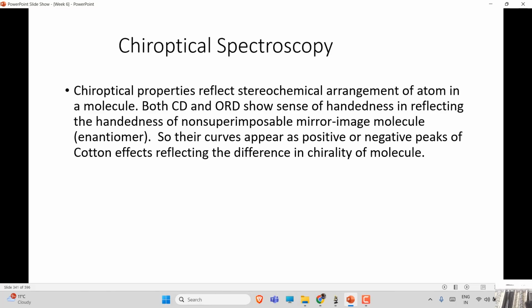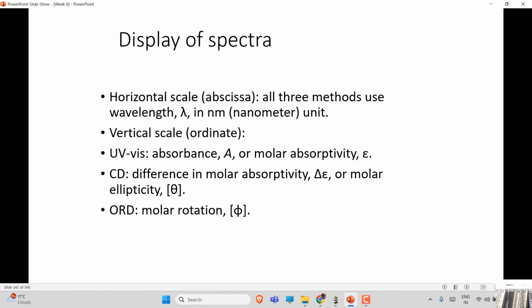It basically reflects the stereochemical arrangement of atoms in a molecule. Both CD and ORD show the sense of handedness, reflecting the handedness of the non-superimposable mirror image molecules in enantiomers, right? So the curves appear as positive or negative peaks of Cotton effects, reflecting the difference in the chirality of the molecule.